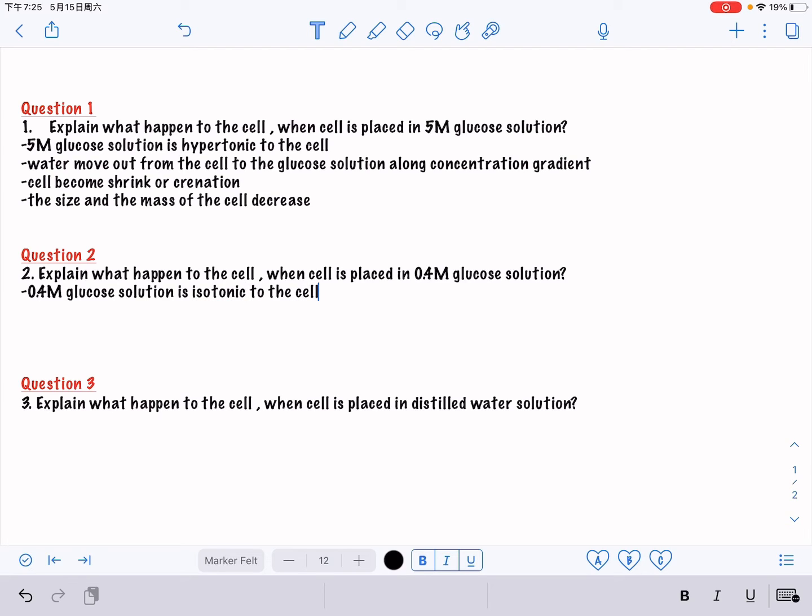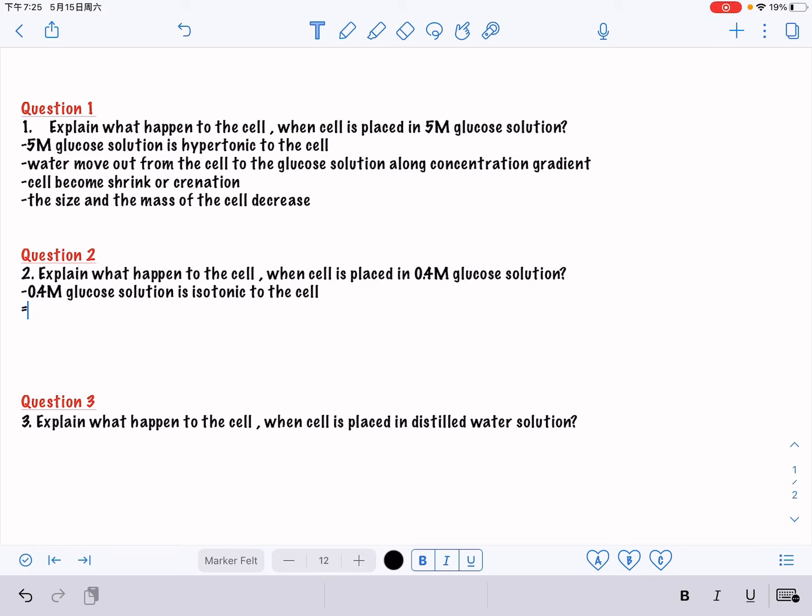When the glucose solution is isotonic to the cell, there is net zero water movement between the glucose solution and the cell.